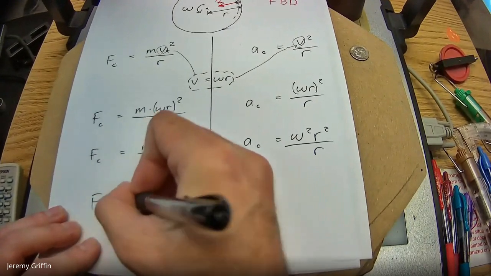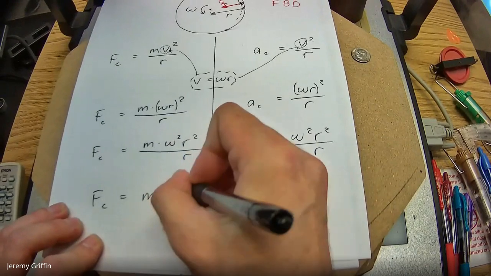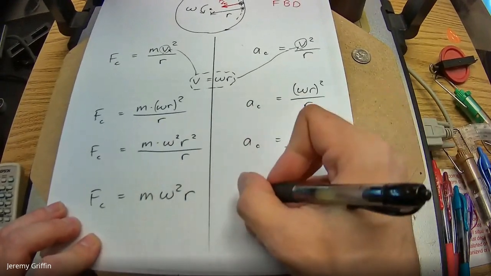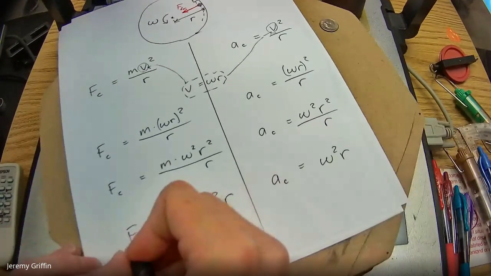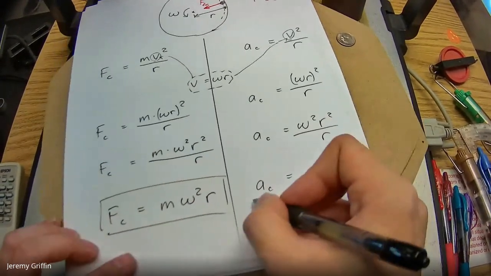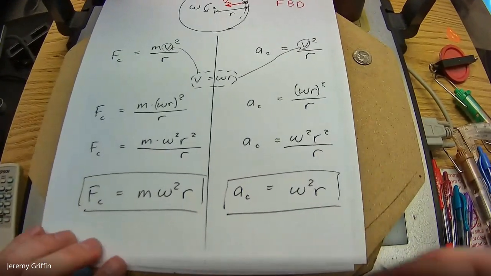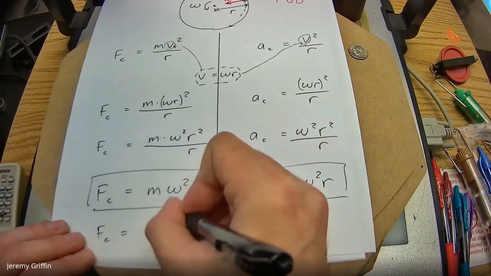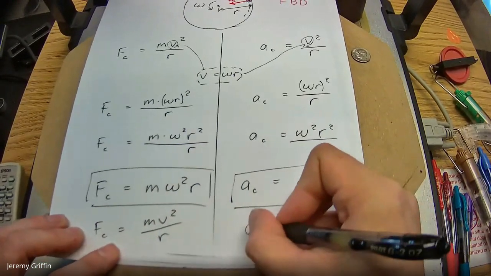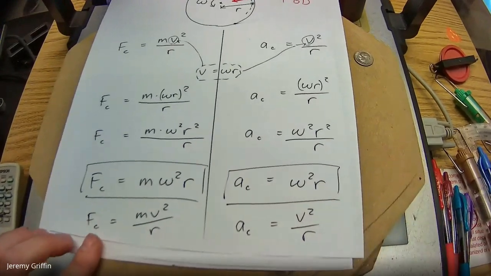Centripetal force is m times omega squared times r, or centripetal acceleration is just omega squared times r. Is that right? Remember the old way of thinking was m v squared divided by r, or v squared divided by r, which are also valid. You could do it that way too.